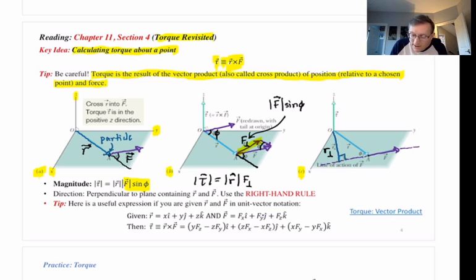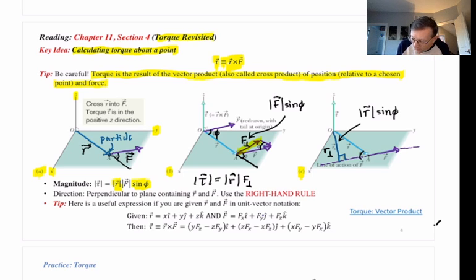Note that this angle right here is phi. So that R perp can be computed by taking magnitude R sine phi. So if I go back now to my torque magnitude formula over here, and now I group magnitude R times sine phi together, that's R perp, and then I just multiply that by F magnitude.